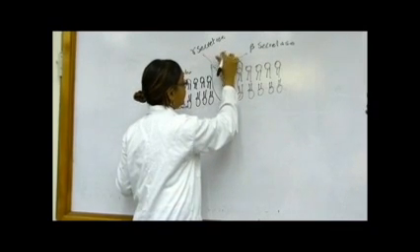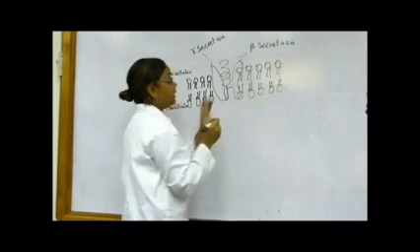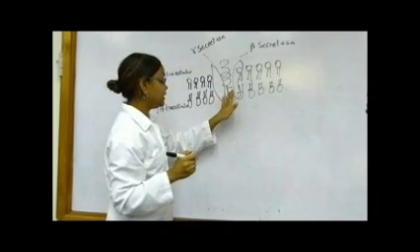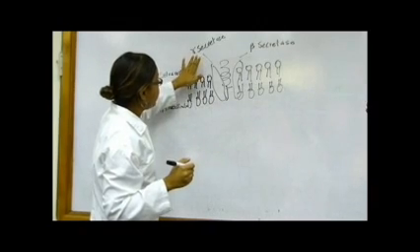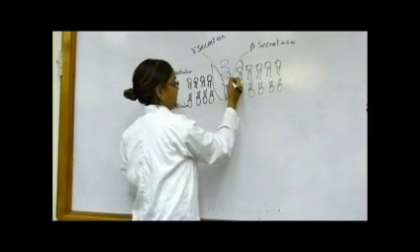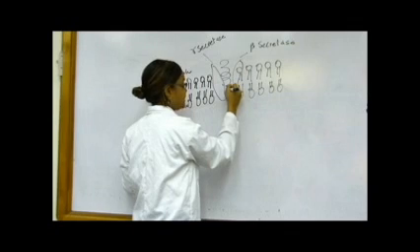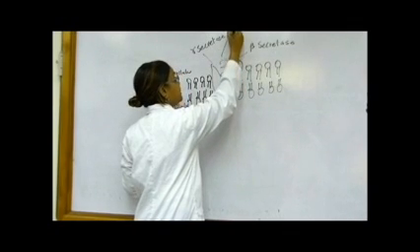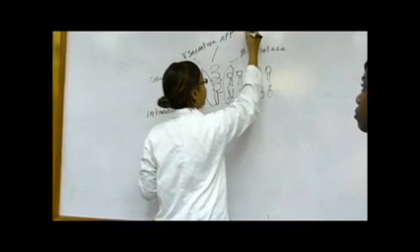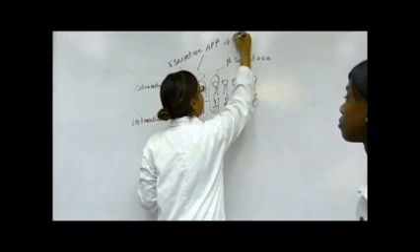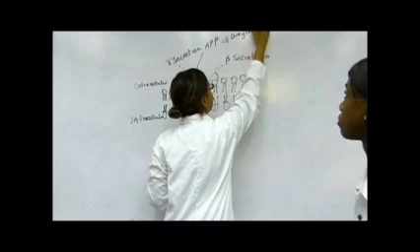Then gamma secretase comes and cuts it, and short fragments of the APP are released. These short fragments of APP are called amyloid beta.